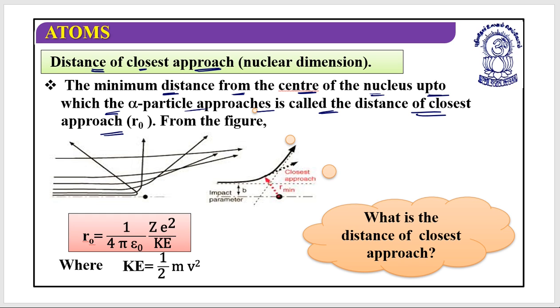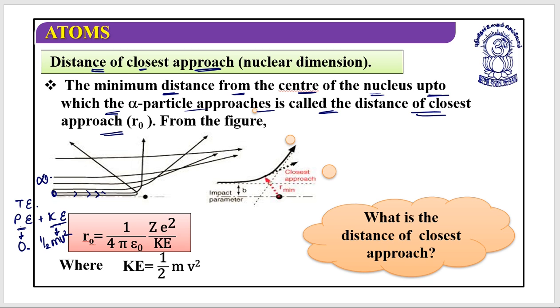From the figure, suppose at this point the particle is infinitely far away, and it has a total energy, that is potential energy plus kinetic energy. But potential energy at infinity is defined as zero, so it has only kinetic energy, which equals half mv squared.